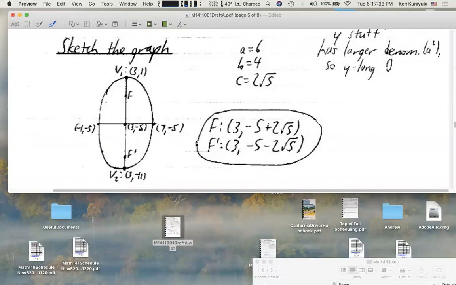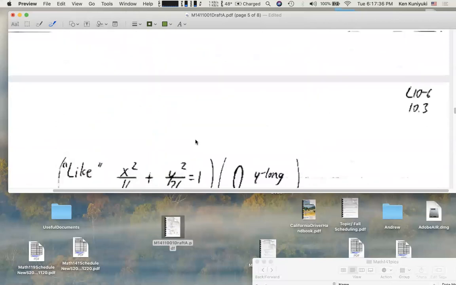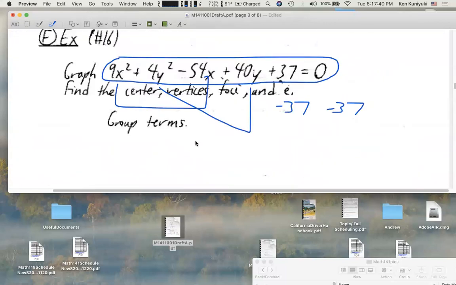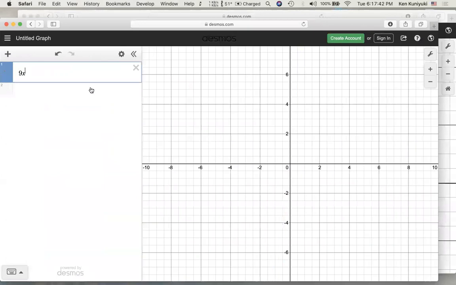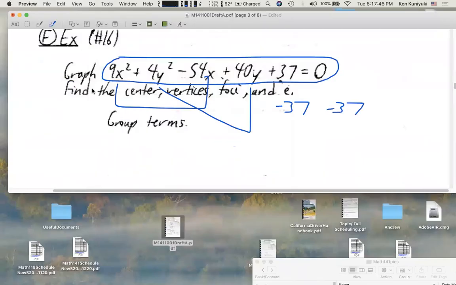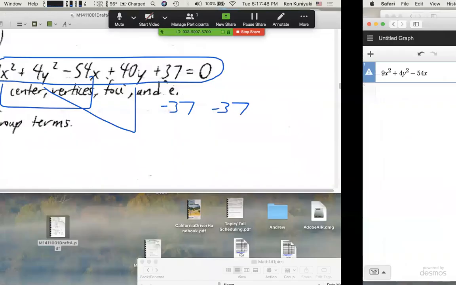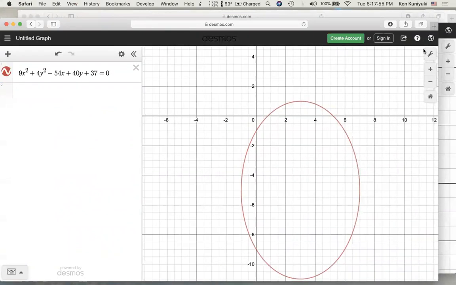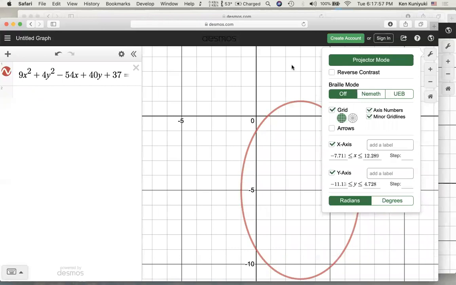Again, for good show, let's graph this on Desmos. 9x squared plus 4y squared minus 54x plus 40y plus 37 equals 0. How do you like that? Desmos does it. Sounds like a campaign ad.